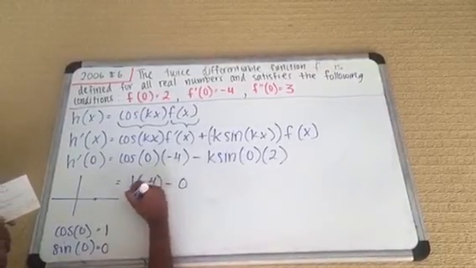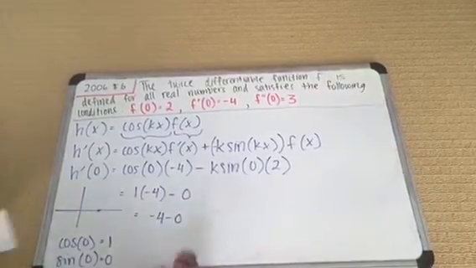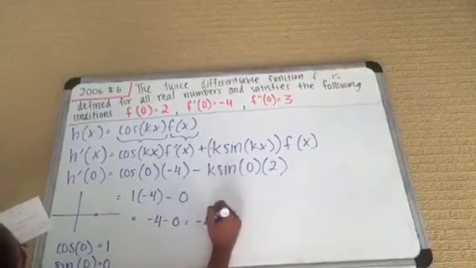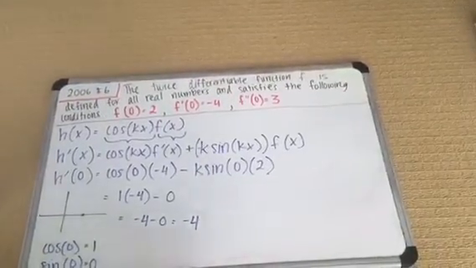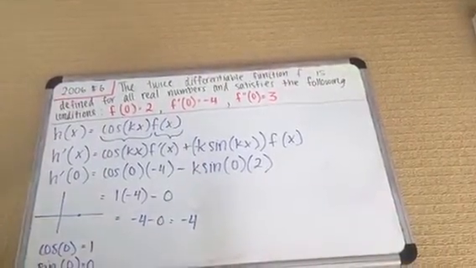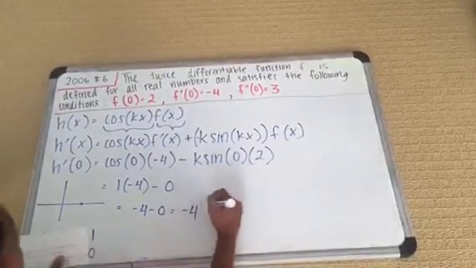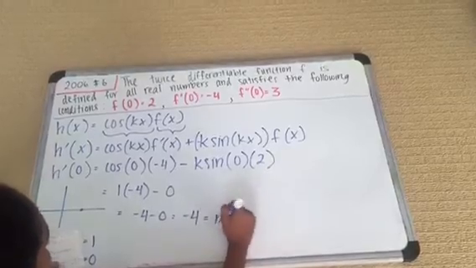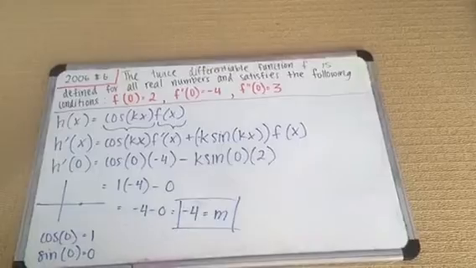So we get negative 4 minus 0, which equals negative 4. So that gives us the slope of the equation h at point 0, because the derivative is the slope that you're finding. So we will use this as m in the next part of part B.